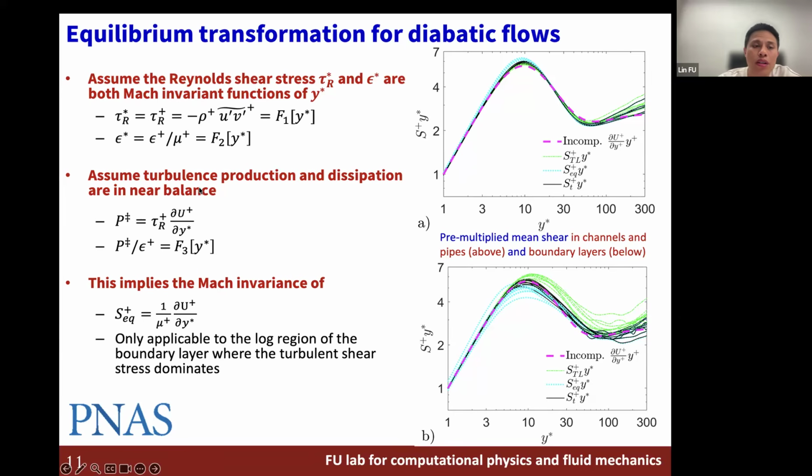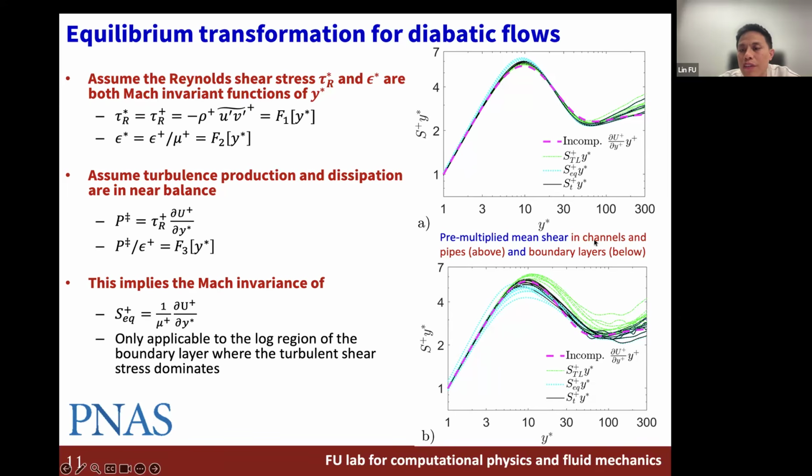We also introduce the turbulence production-dissipation assumption: they are in near balance, so their ratio is a Mach invariant function of y star. We do not assume production and dissipation are equal, but we assume their ratio is a Mach invariant function of y star. Then we derive this new Mach invariant function. This is also a viscosity-weighted, non-dimensional mean shear, but the length scale is y star.